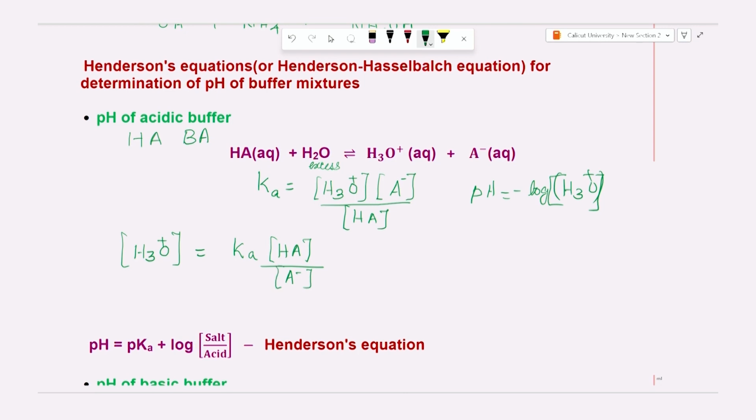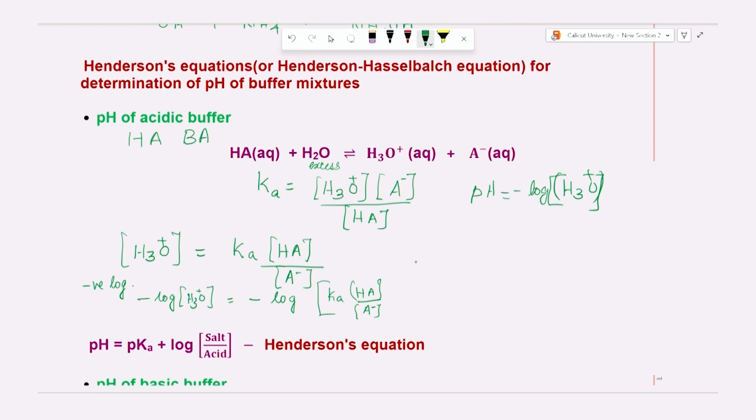To convert it into pH, I am going to take negative logarithms on both sides. So, this becomes negative log of H3O plus, which will be pH, and that is equal to negative logarithm of the whole term Ka into concentration of HA divided by concentration of A minus.